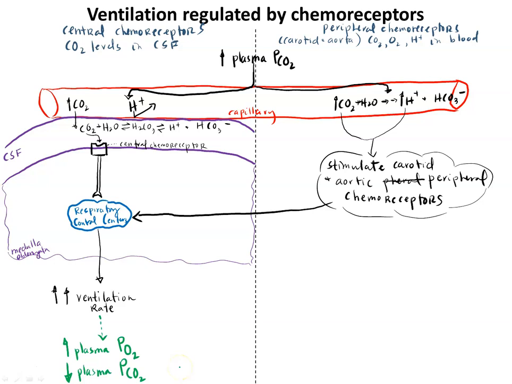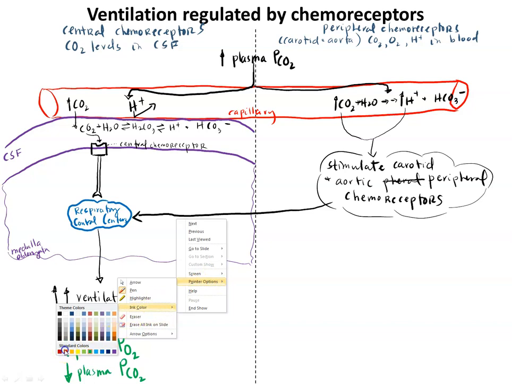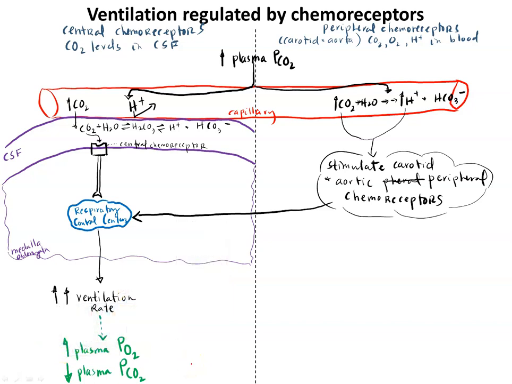Okay. Now, what's going to happen here? Let me change my pen to red. It's because now I'm going to start shutting things off, right? So ultimately, this combination of gases, high O2 and low CO2, will now shut off the chemoreceptors in the periphery, right? It's kind of like a negative feedback.